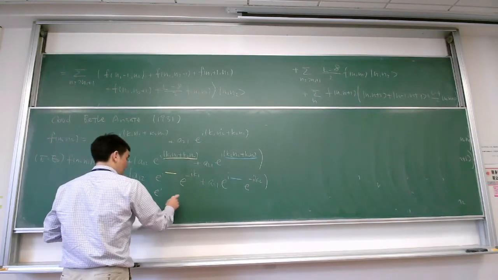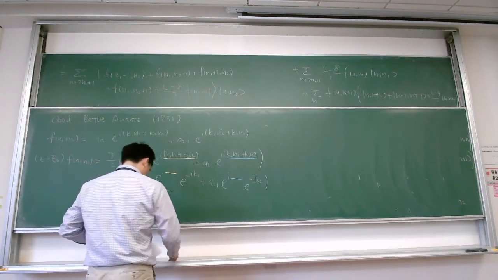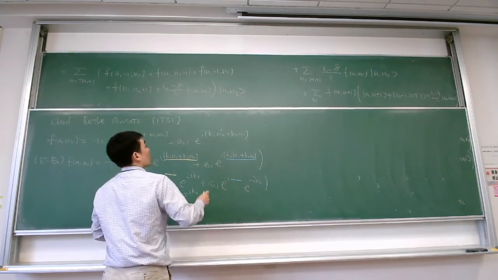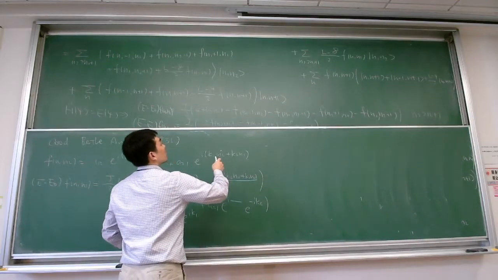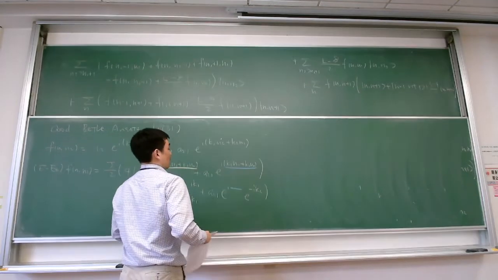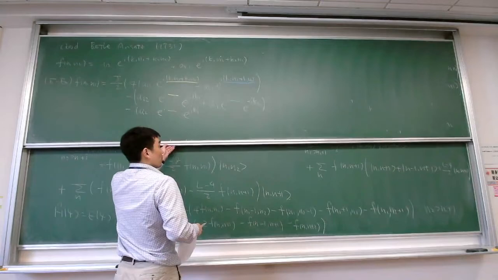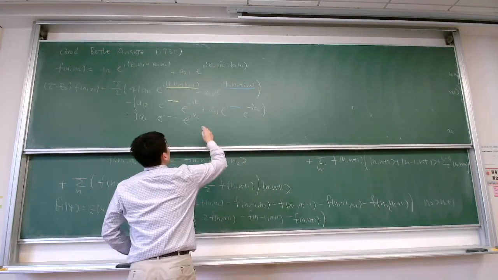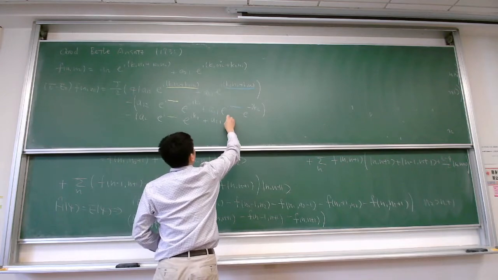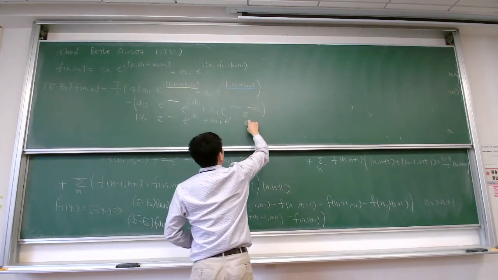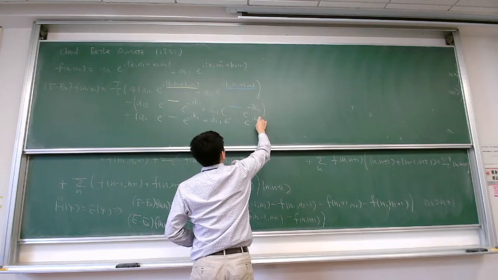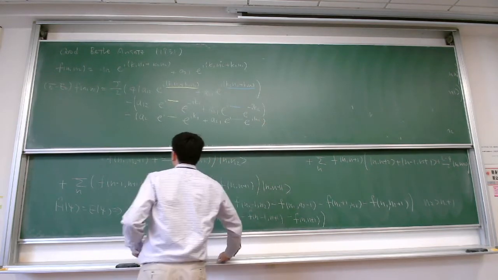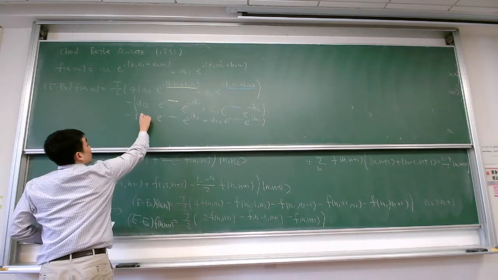E to the i yellow, and then you have e to the i k1 coming from this shift, plus A12 e to the i blue e to the i k2, okay, so blue 1, 2.